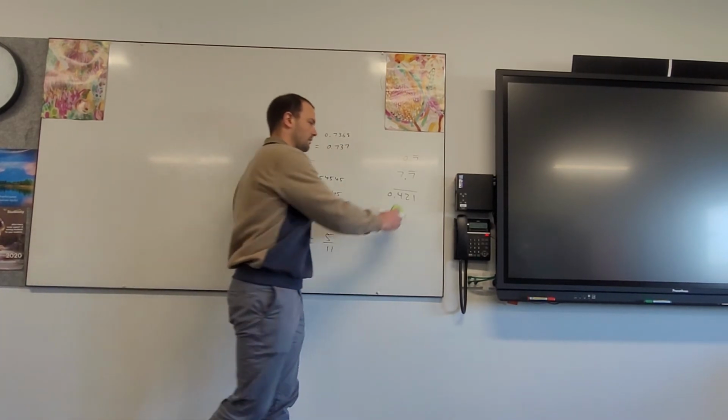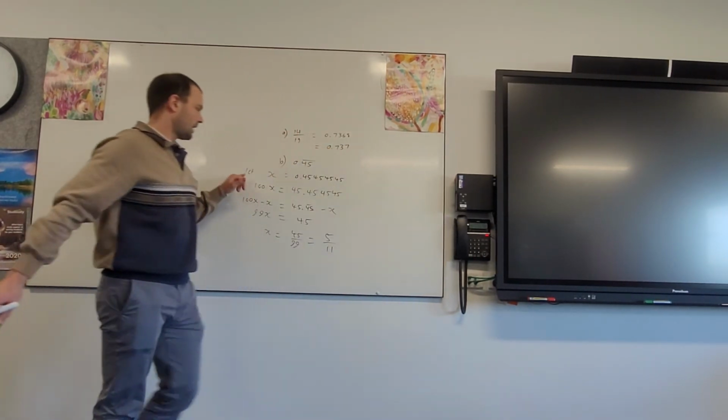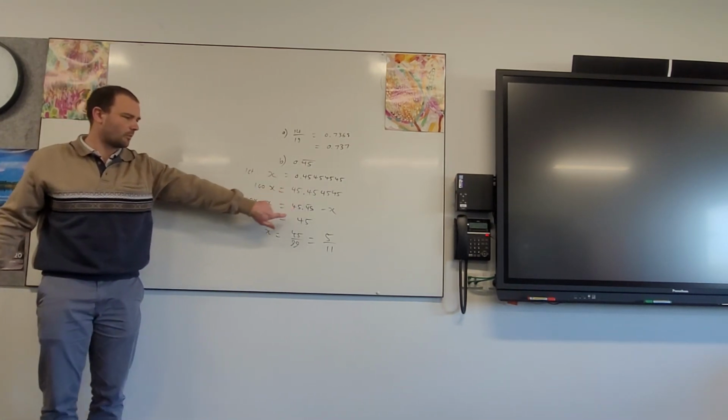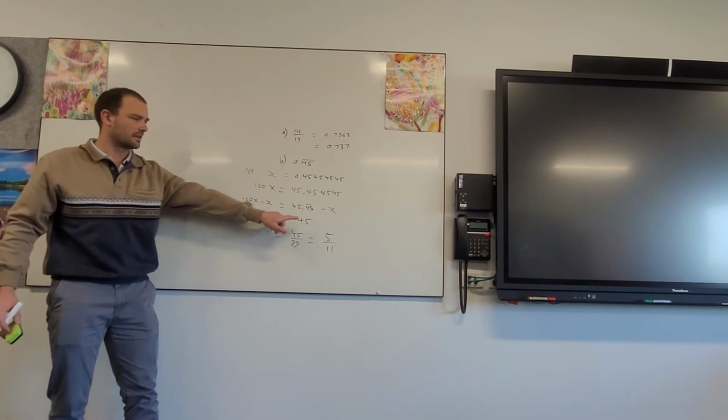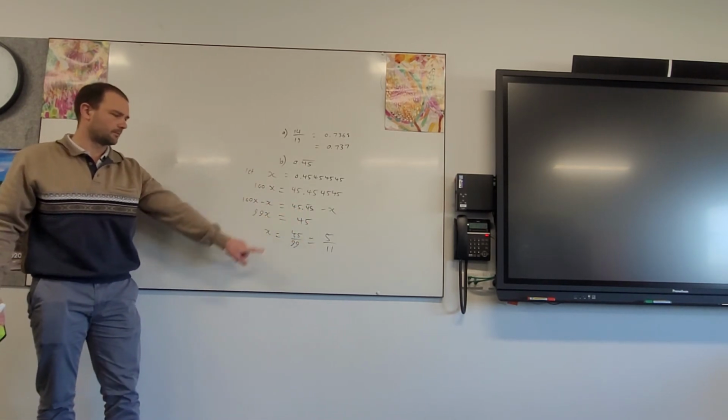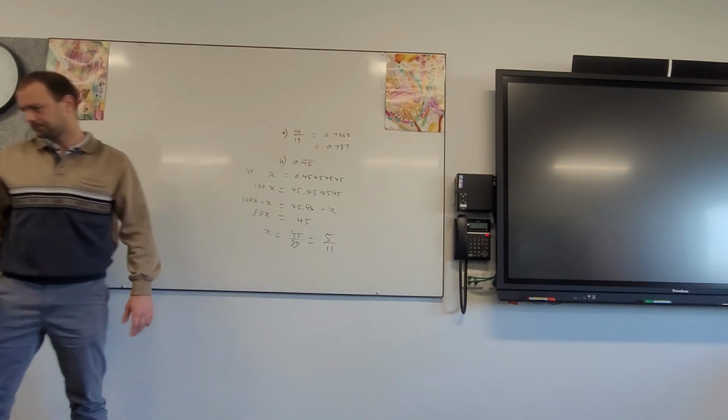That's just the rule. And then we've got this statement: that's 100x. We take away x from both sides, so we can get rid of the decimal part. Then we have 99x is 45, and we just solve.